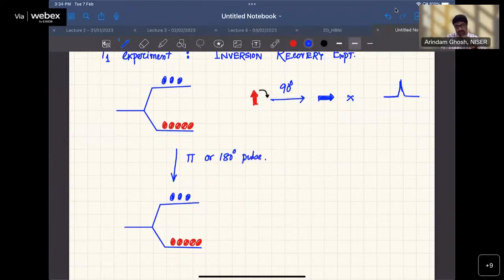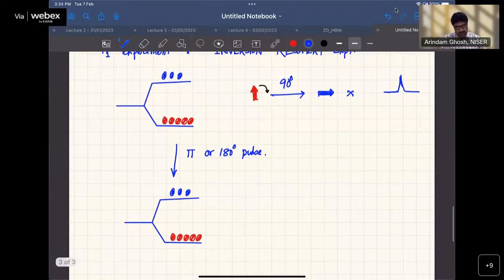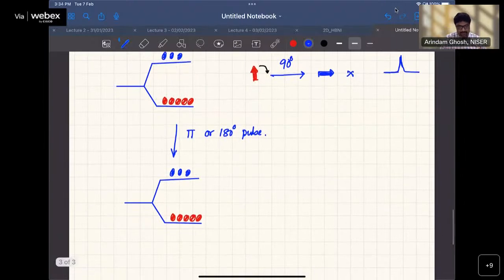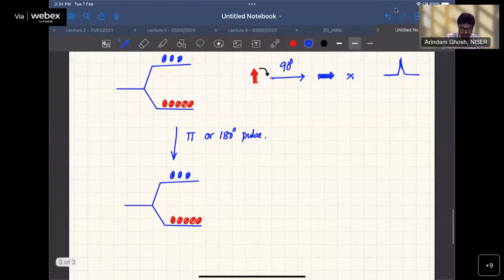If you ever have time or interest in knowing what a pi pulse and a 180 pulse mean, how they work, a little more into NMR theory, you can talk to me, you can talk to anyone, you can read. But nonetheless, if I use a pi pulse, the populations get flipped. So I can think this way.